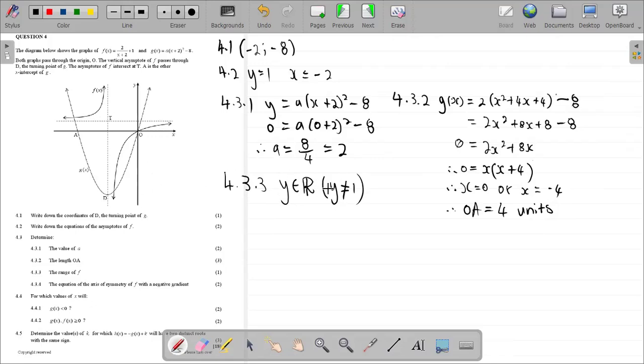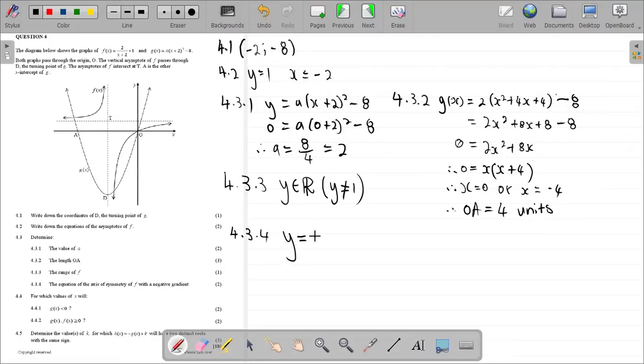But any other value of y is covered by the range. And then 4.3.4, they want the equation of the axis of symmetry with a negative gradient.